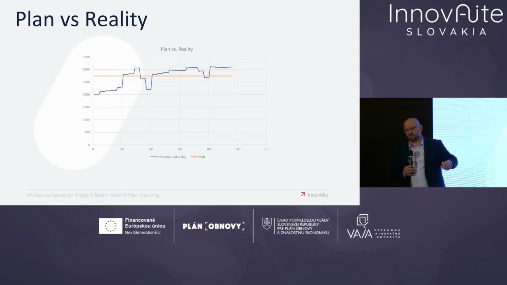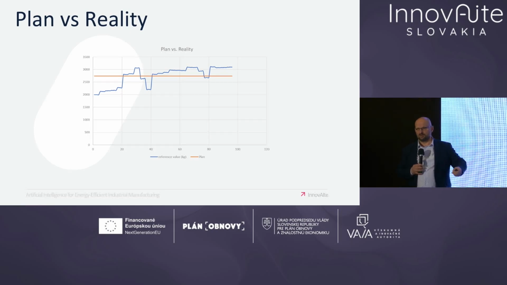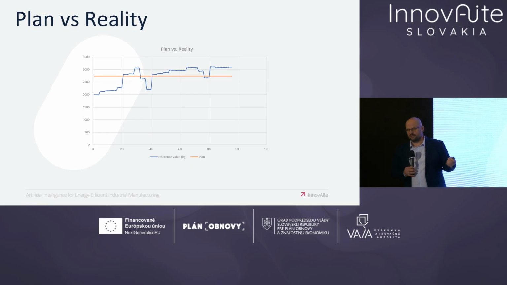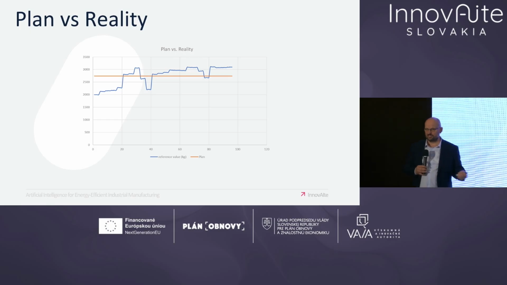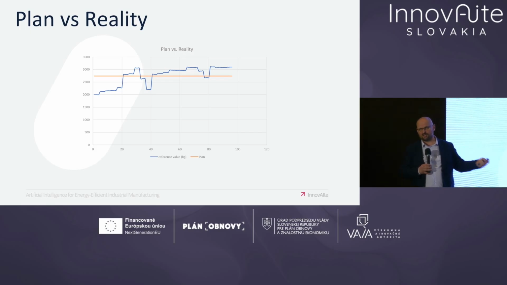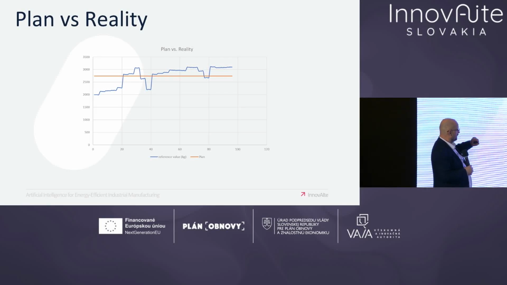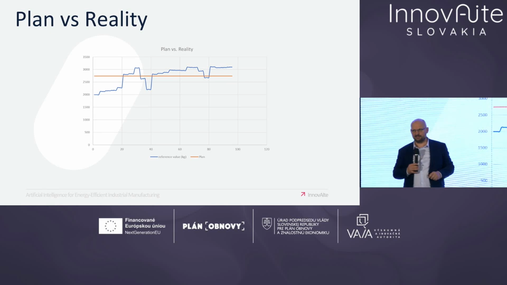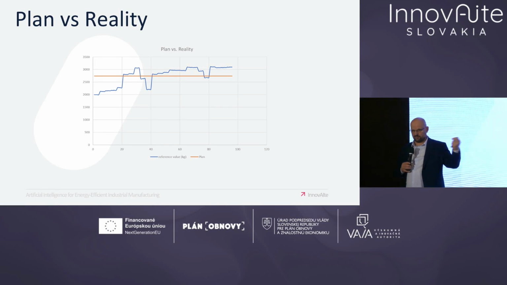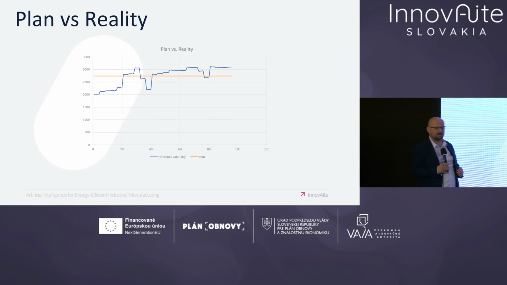They have a plan for the entire day, 2 or 3 days, and they expect that the production would be continuous, so that they produce 24 tons in 24 hours. So they should produce 1 ton of product per hour. That's the plan.